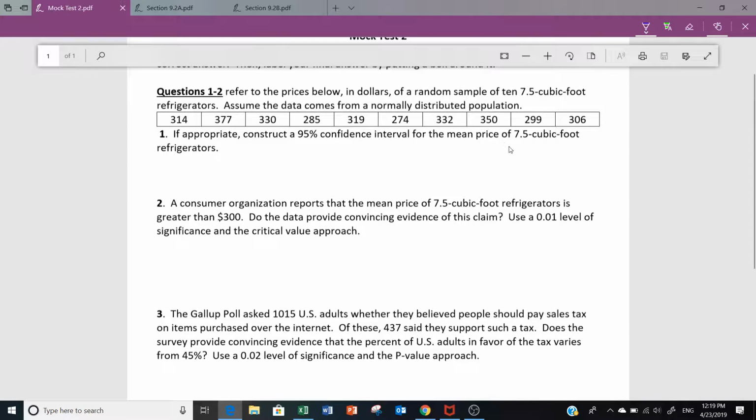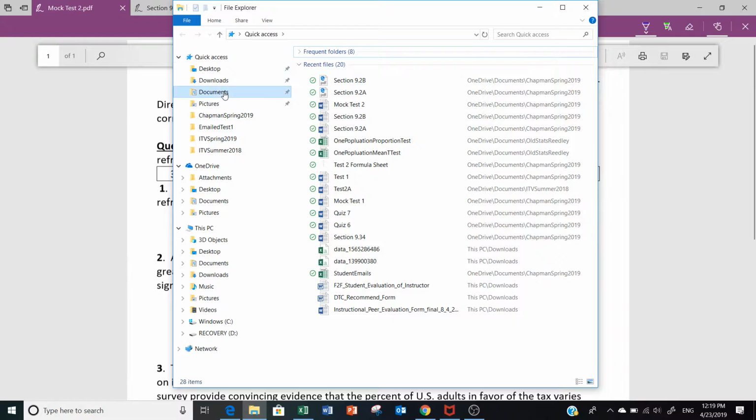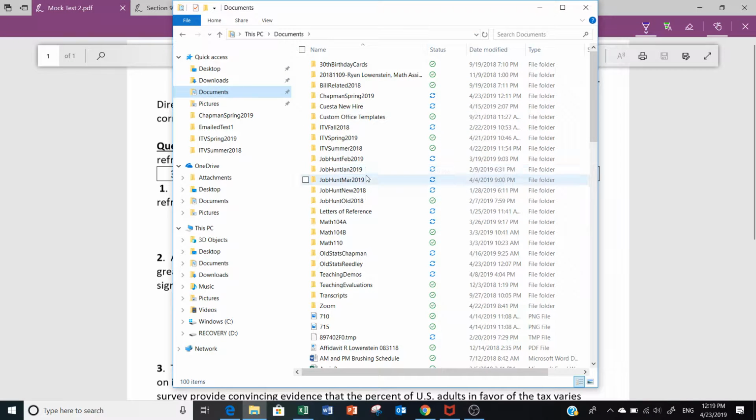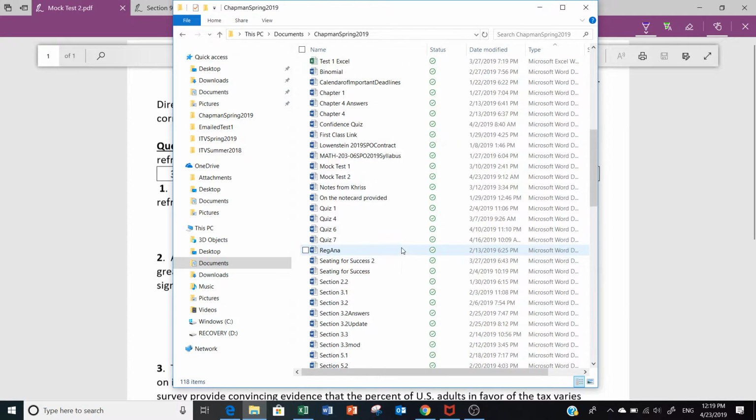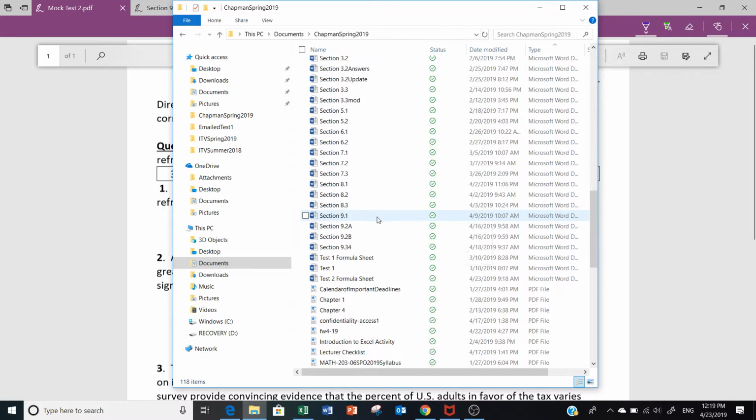Okay, doing a 95% confidence interval, we have to make sure that we look at the formula sheet for the confidence interval formulas. So if we take a look at the formula sheet, where is the formula sheet? Here's the formula sheet. We have to know which formula to use.